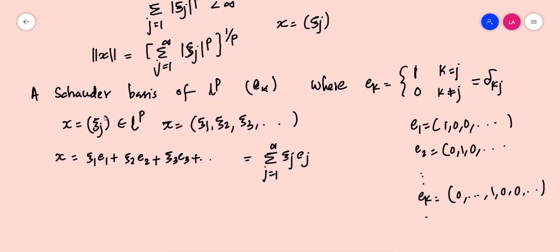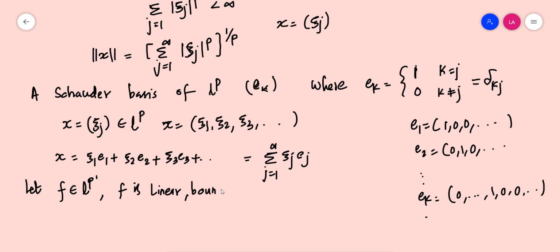So we have taken a basis, and with respect to that basis, we have defined every element as a linear combination. Now take an arbitrary linear functional defined on LP. So let f be an element in LP dash, the dual space of LP. Clearly f is a linear functional and is a bounded linear functional.